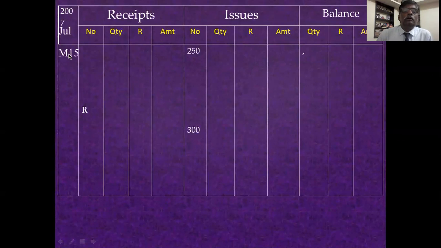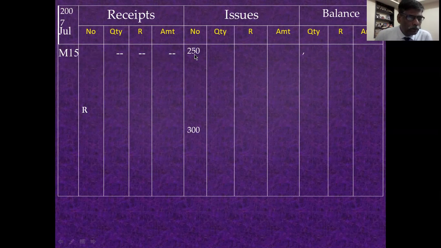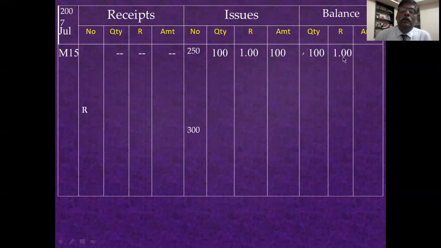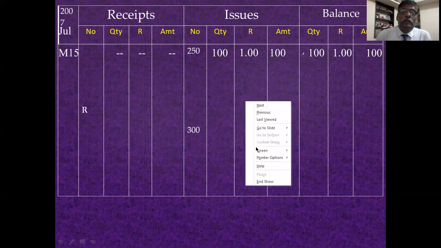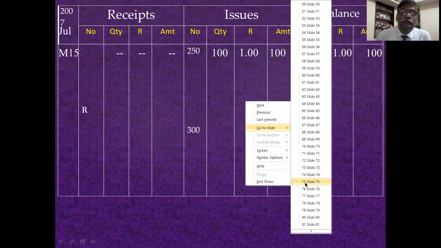Okay. Then March 15 is there. Issue is there. So I'll issue the quantity. March 15, number 250. Quantity issued is 100 kg. You issue 100 from the first lot. Then balance is again 100 quantity, 1 rupee rate.